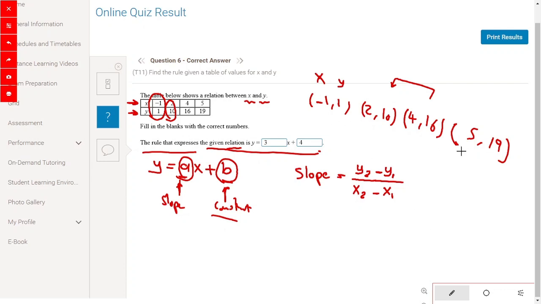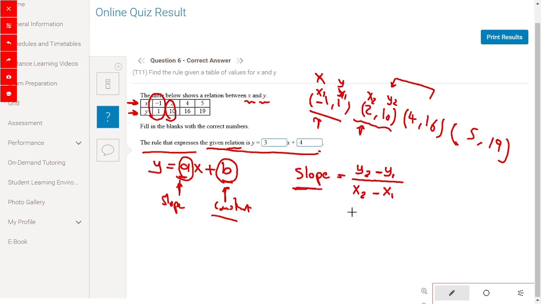So for example, let's take any 2 points. We'll take this point and this point. So this one will be x1, y1, and this one will be x2, y2. So let's substitute with these values to get the slope.